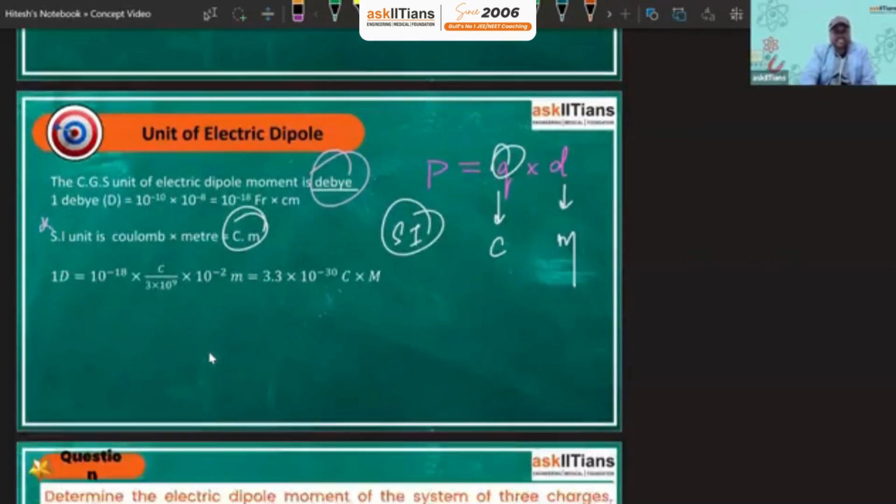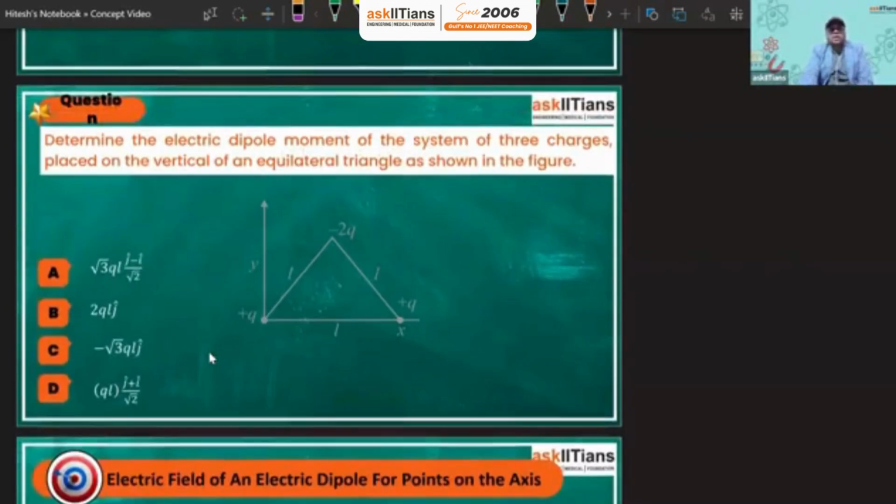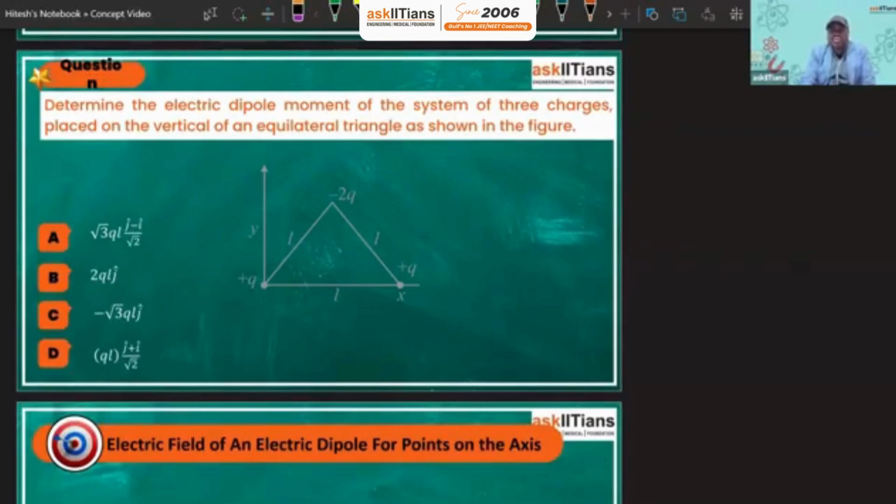Great. All right. Then let us move to this question. Determine the electric dipole moment of the system of three charges. We have this equilateral triangle with sides L, L, L. We have to find the electric dipole moment of this system of three charges. We have seen that two charges, positive and negative, constitute an electric dipole.